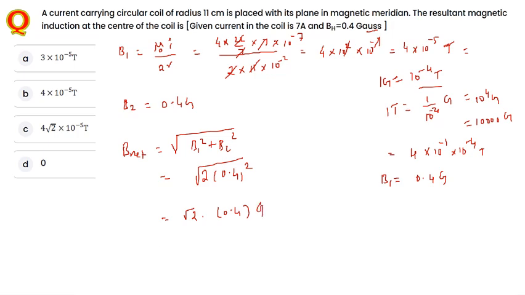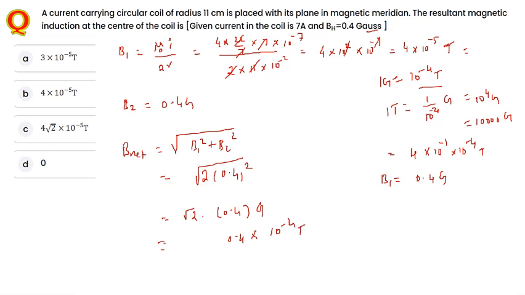Now from here, 0.4 gauss. All the answers are in Tesla. Again, 0.4 into 1 gauss is nothing but 10 power minus 4 Tesla.